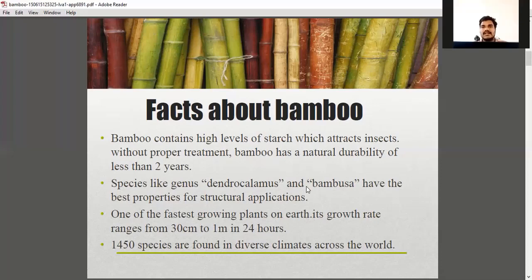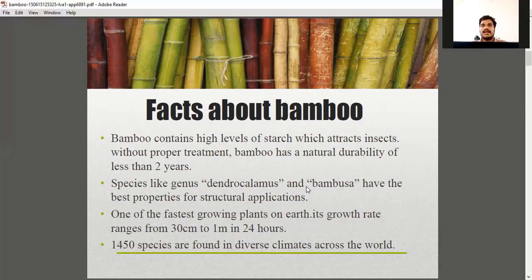It has high levels of starch, so it attracts insects. Even without any chemical treatment, if you use bamboo in construction, it will be there for 2 years without any damage. So you can think, if some chemical treatment is done on that, how many days it will last. So this bamboo can be used for structural applications.